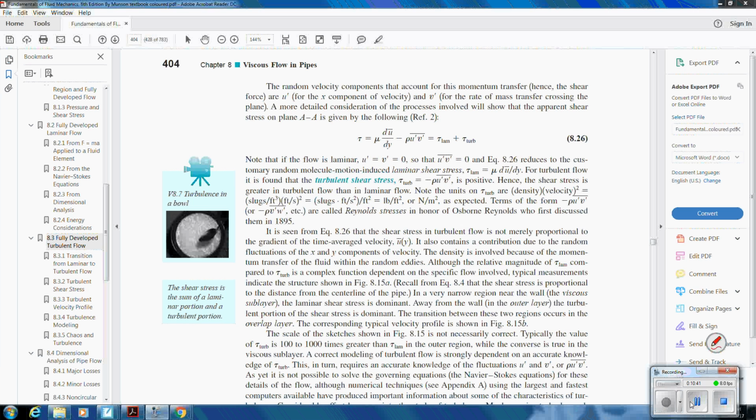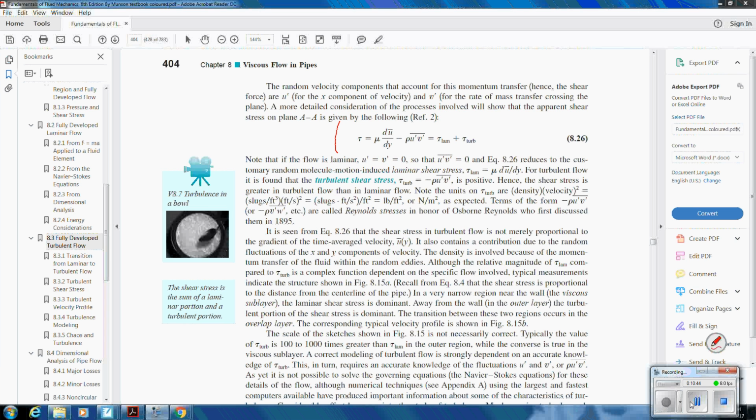Quantitatively, we can write shear stress in a different way, where the first term, mu du/dy, here u is the mean velocity. This term we call the laminar component of the shear stress.